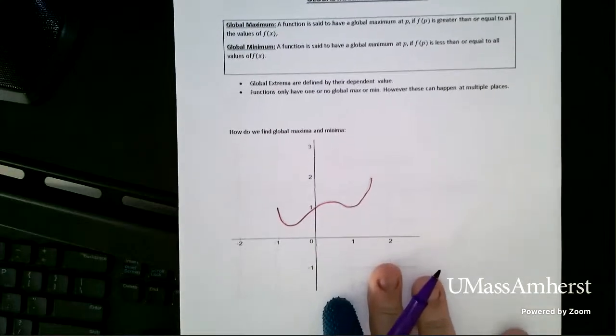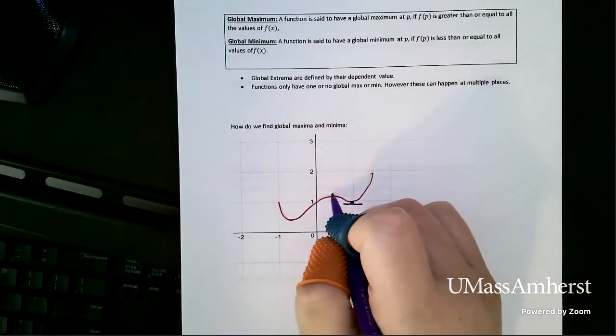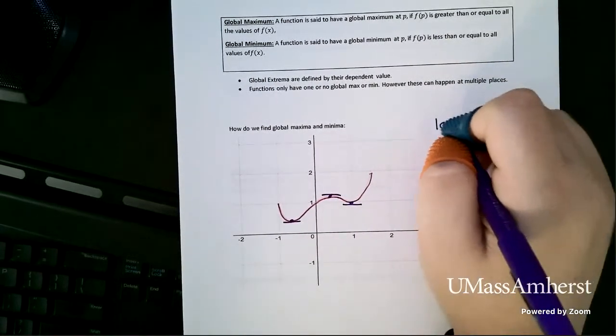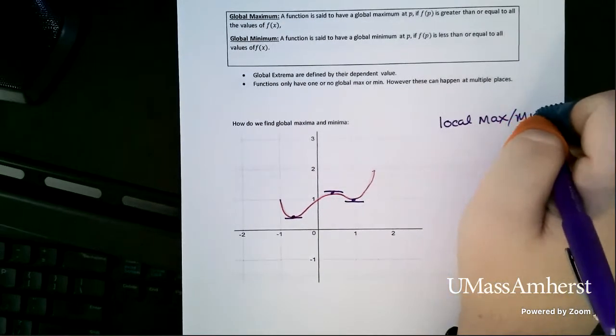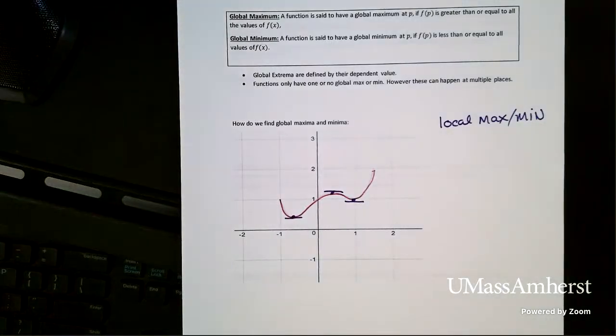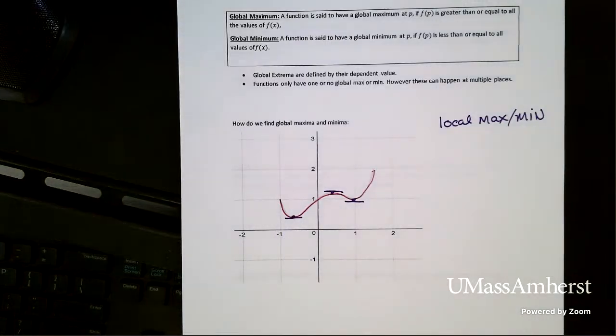And just remind you where our local maximums and minimums are and how we defined those. So here, our local maximums and minimums, we said happen at critical points, and we said there can be multiple of them. Here we have 2 local minimums and 1 local maximum.